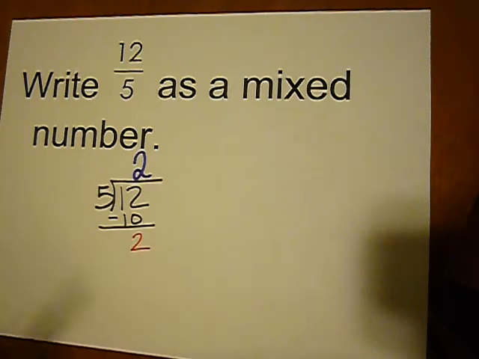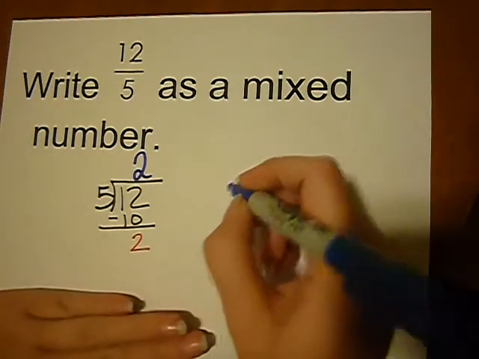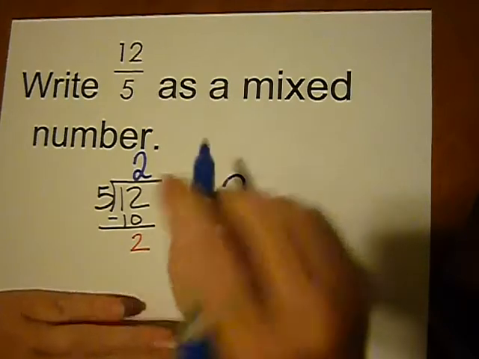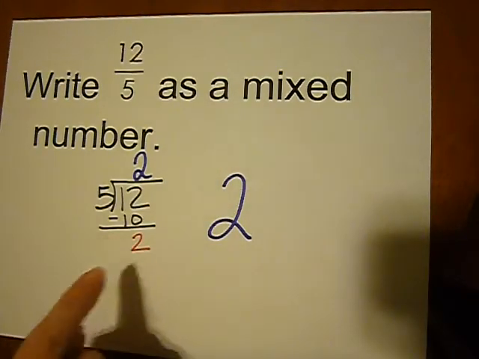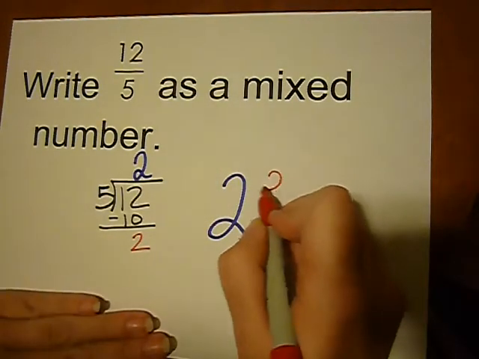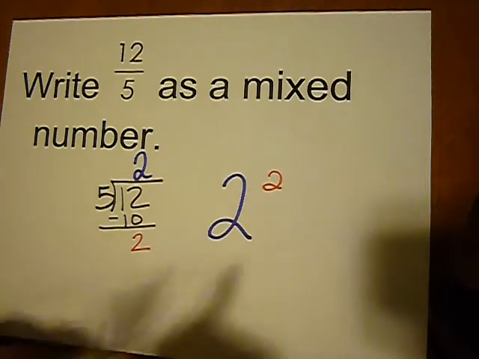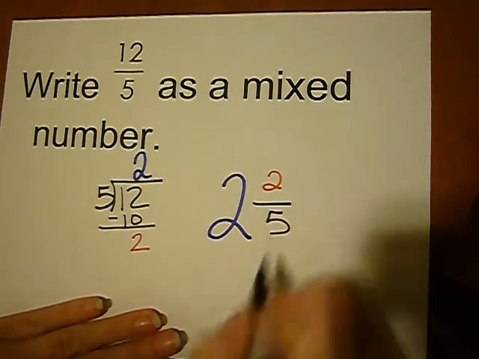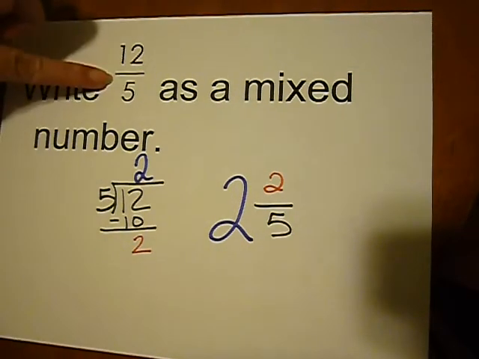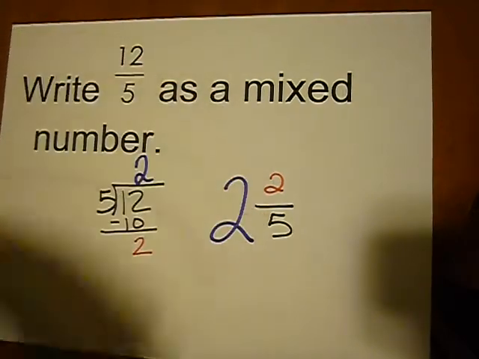So my mixed number is going to be 2 as the whole number, and then the remainder becomes my numerator, and the denominator stays the same. So 12/5 as a mixed number is 2 2/5.